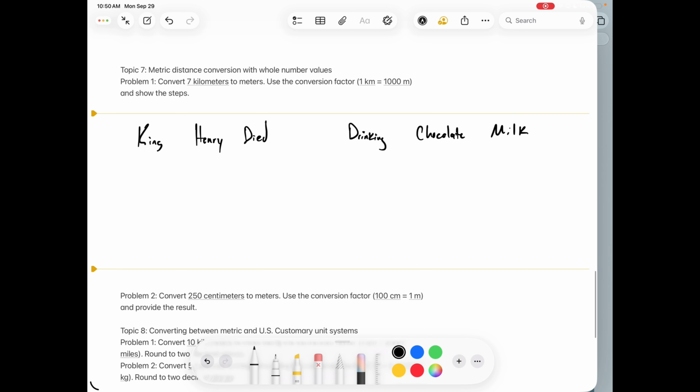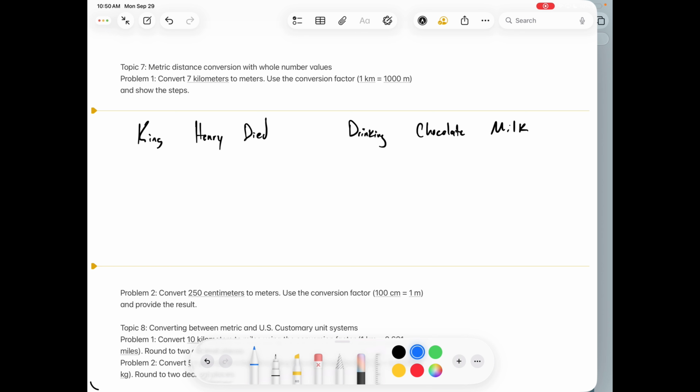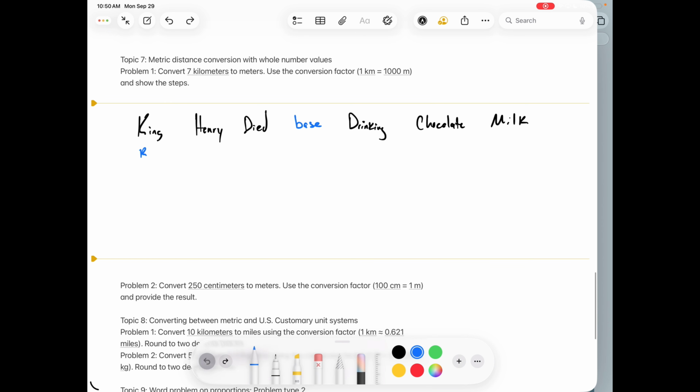Easiest way to convert with metric is King Henry died drinking chocolate milk. Okay, so king, kilo, hecta, deca, and the base. What I mean by base is you could do this for meters, which is length.